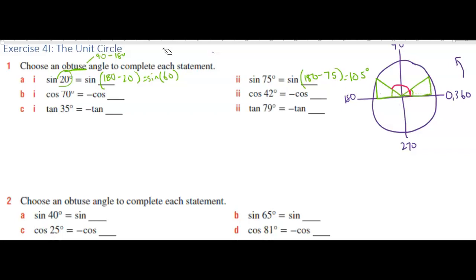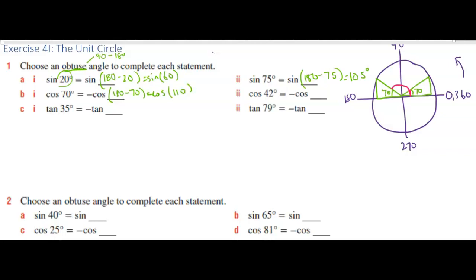Theta this time is 70. So this is 70, and this is 70. So your angle is just 180 minus 70, which is equal to negative cos 110.